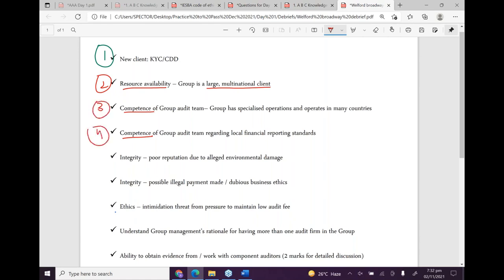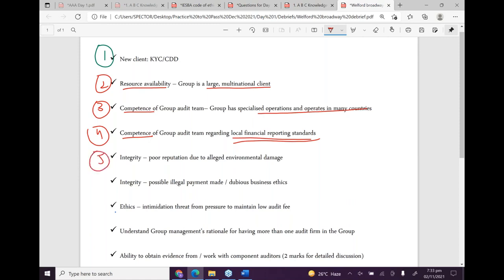The fact that it has specialized operations in many countries and because it has foreign subsidiaries as well, the fact that I would need to have knowledge of their local financial reporting standards. Remember, when it's all being consolidated, it has to be done according to IFRS.